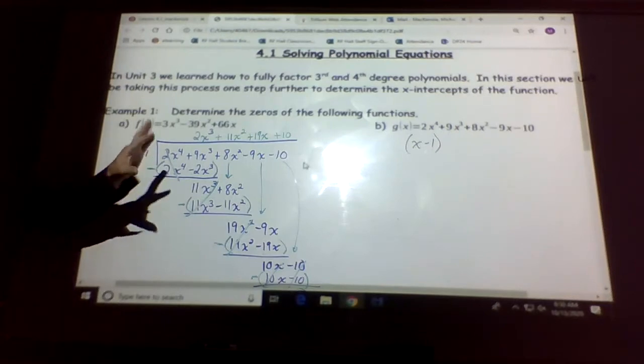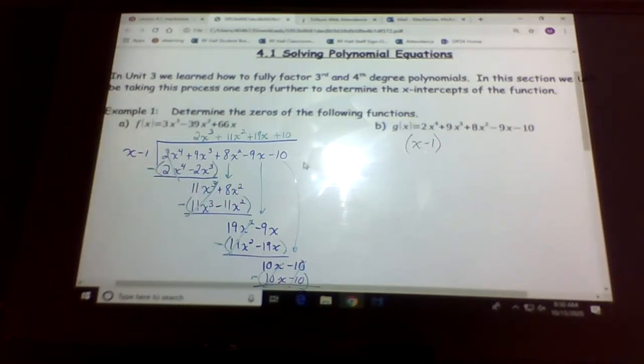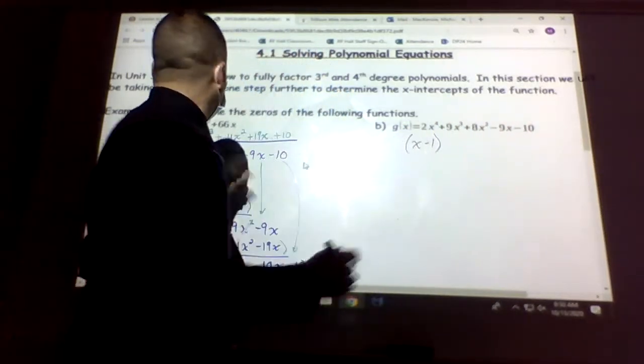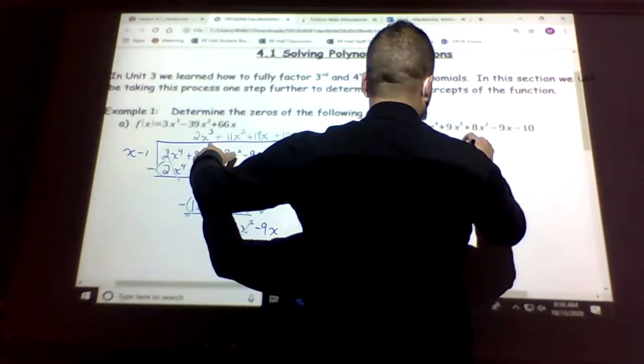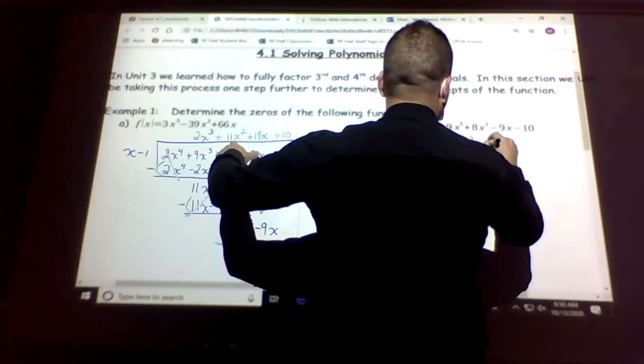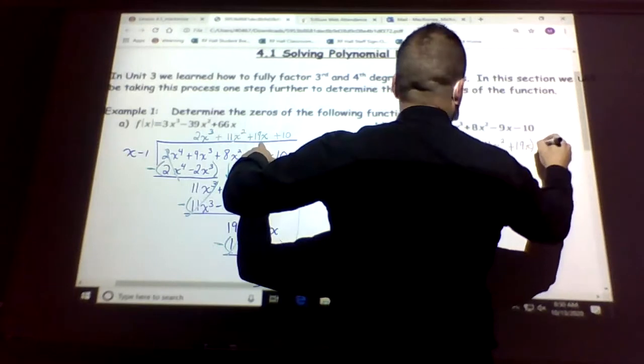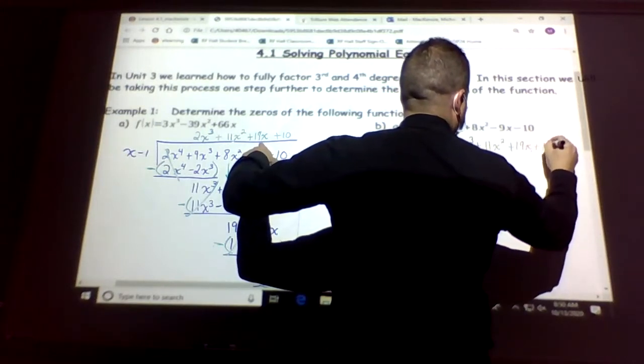And now after we factor out an x minus 1 from our quartic function, we are left with 2x cubed plus 11x squared plus 19x plus 10.